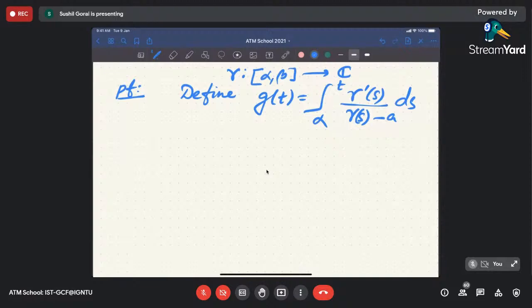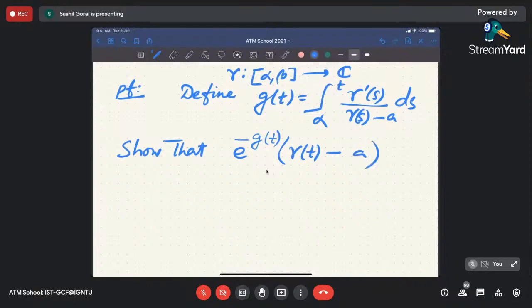So g(t) will be differentiable. Actually, you will show that e to the power minus g(t) times (gamma(t) minus A) is constant, right?